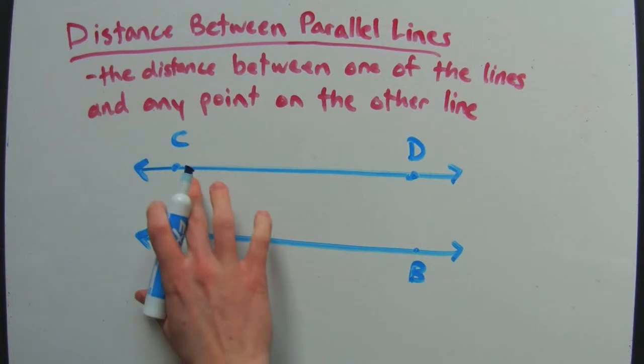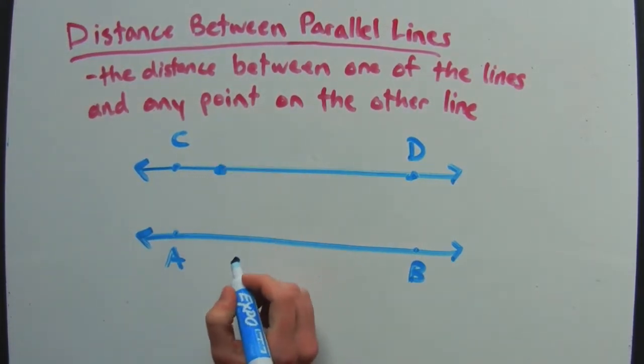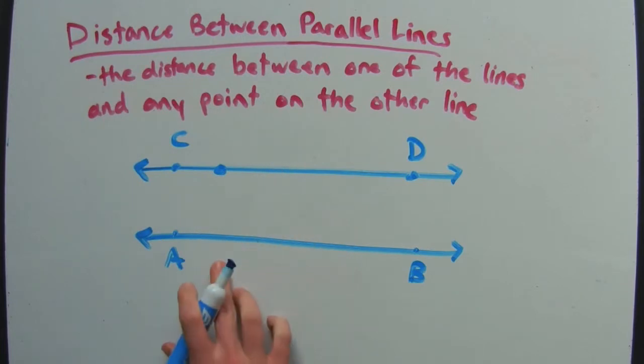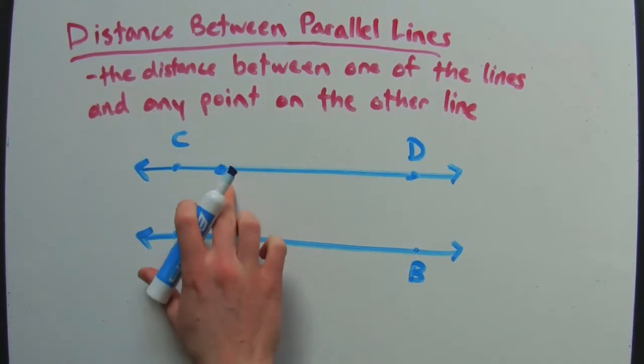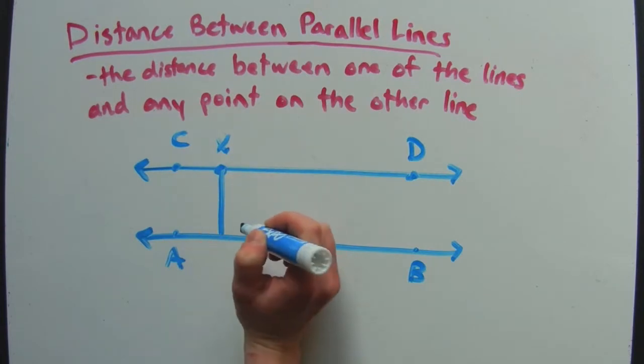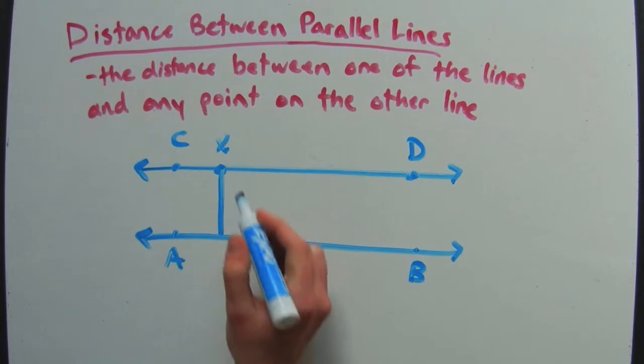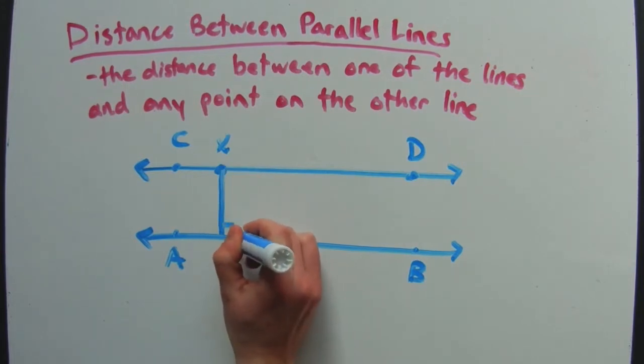I can pick any point on the line CD, call it X, and find the distance between line AB and that point. And the way we do distance, remember, the distance between a point and a line is the length of the perpendicular segment.